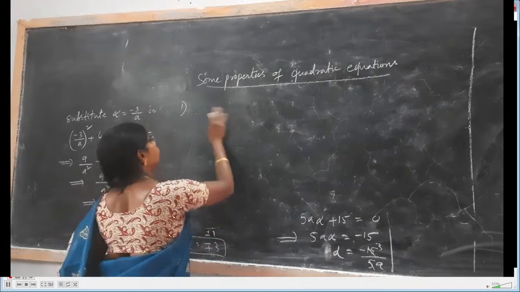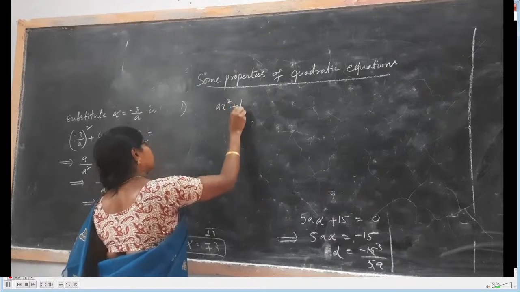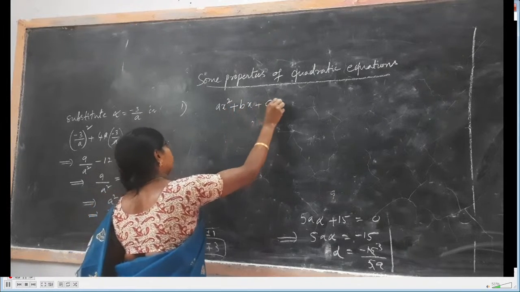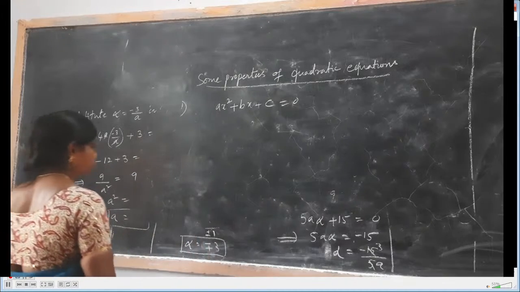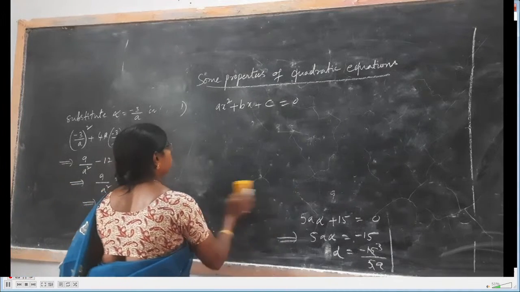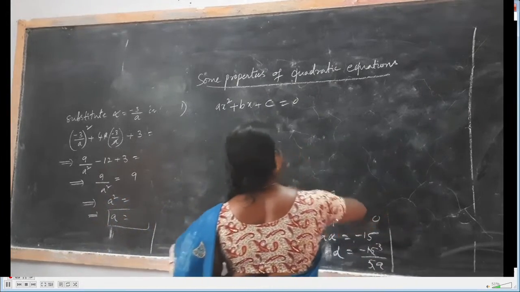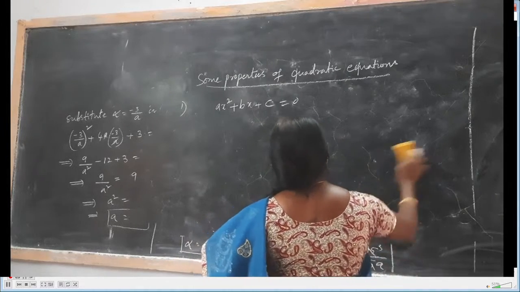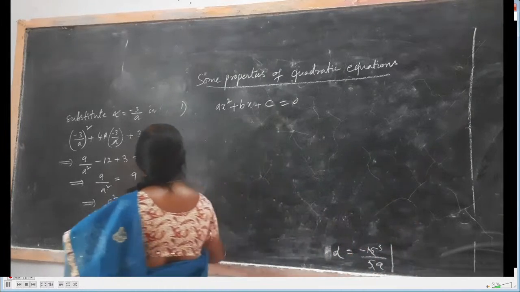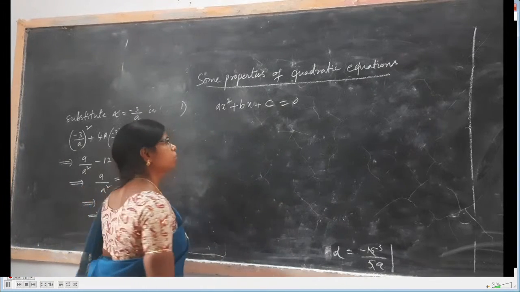So, we have a quadratic equation ax square plus bx plus c equal to 0. So this is our quadratic equation.